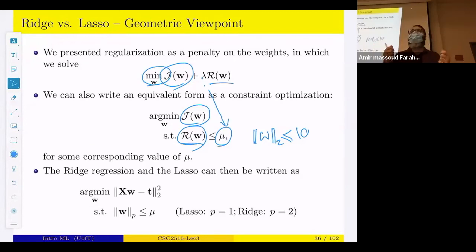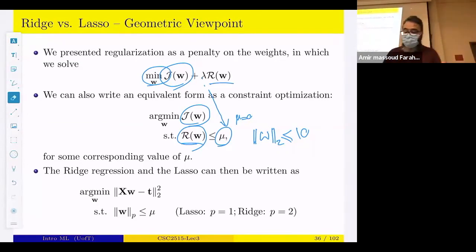The minimizer for that is all weights equal to 0, which corresponds to a choice of mu where we can't allow any weights to be larger than 0, so mu equal to 0. In between, of course, there is a correspondence. The general idea is that one of them is growing while the other is decreasing.